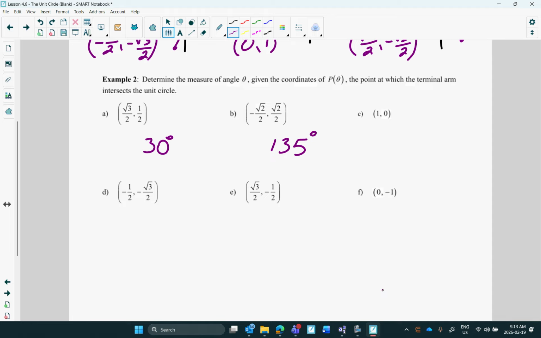How about this one? 1, 0. No, that's 0, 1. 0, or 360. Remember, when it's 0, you also write 360 as well. That's the only one where you have to write 2.